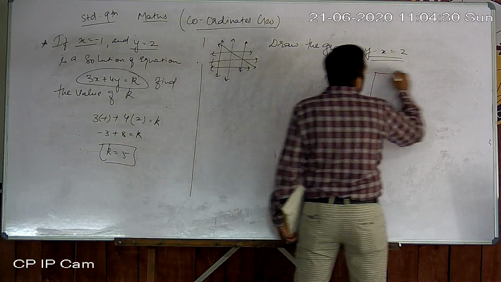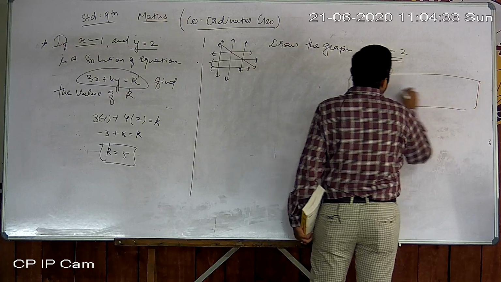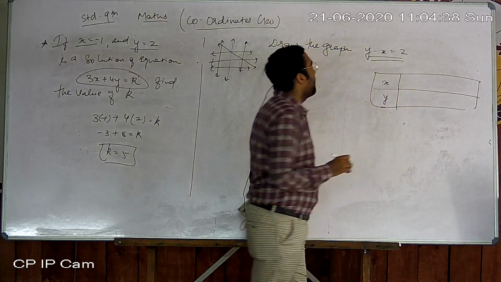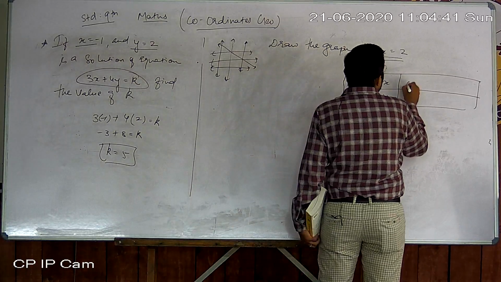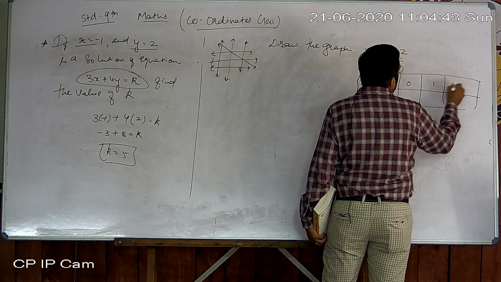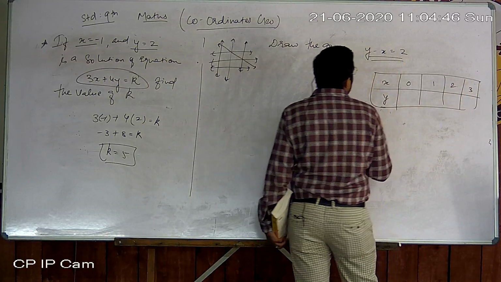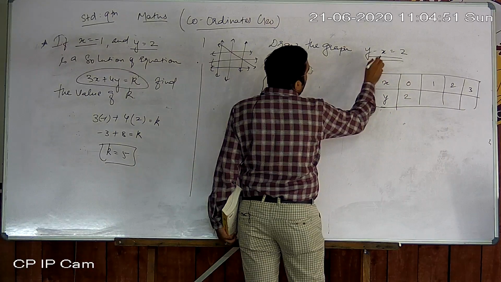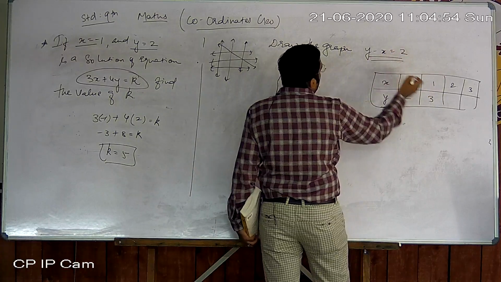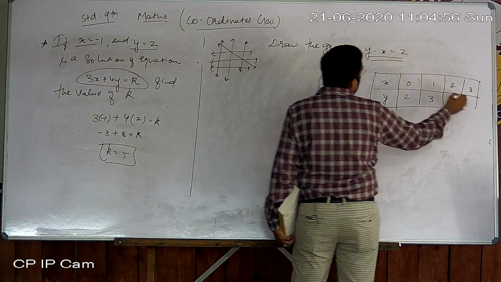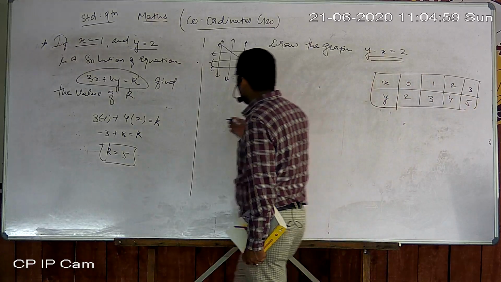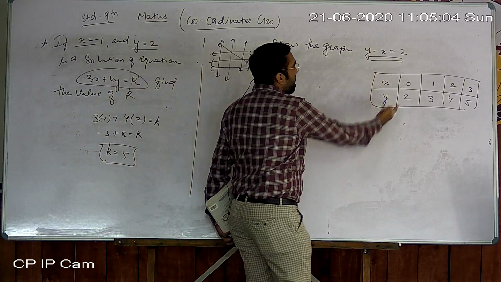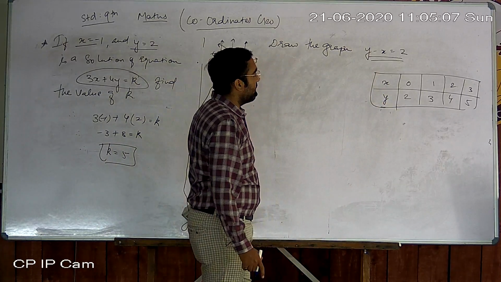So I put the value of x as 0, 1, 2 or 3. Then I find the value of y as 0 plus 2 is 2, 1 plus 2 is 3, 2 plus 2 is 4 and 3 plus 2 is 5. You put the value of x in the equation, then you find the value of y as 2, 3, 4, 5.